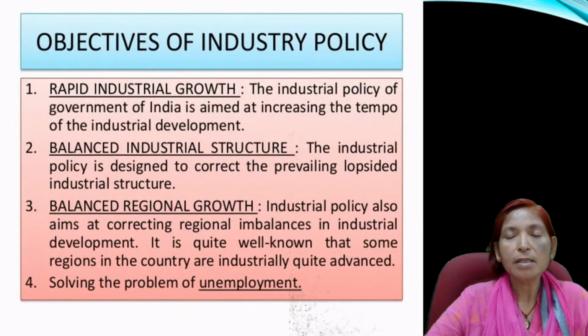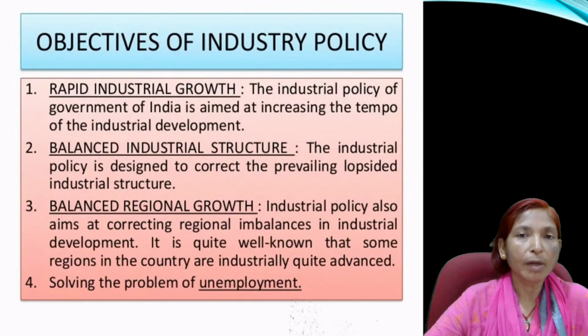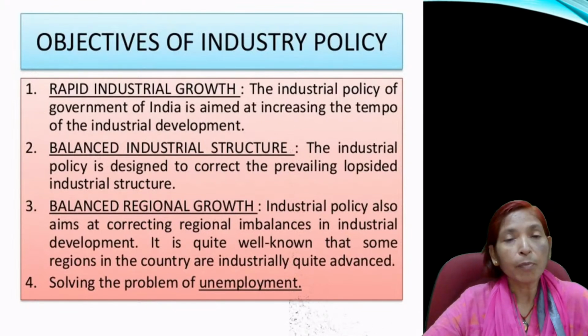The industrial policy is designed to correct the prevailing lopsided industrial structure. Lopsided means one-sided industrial structure. So the industrial structure should be based on overall industrial development of the country, not only some part of the industrial development.